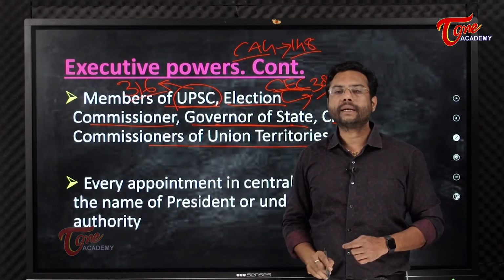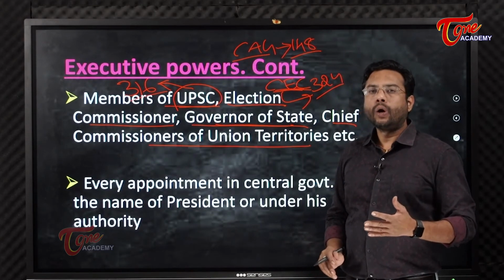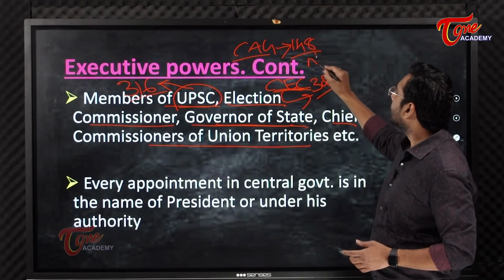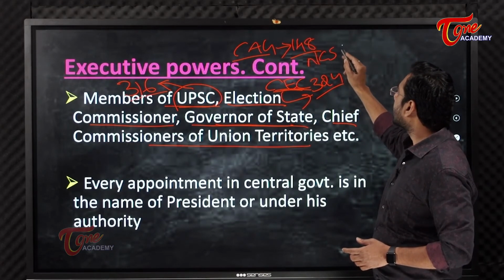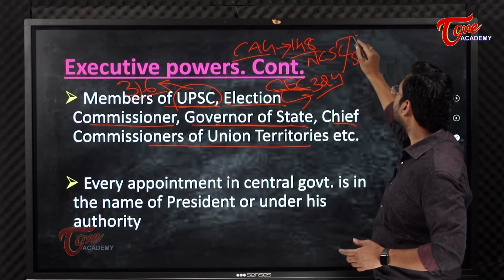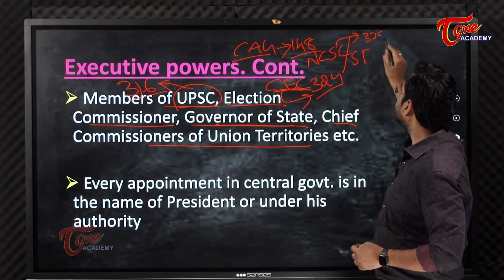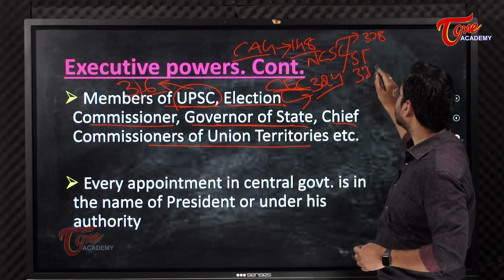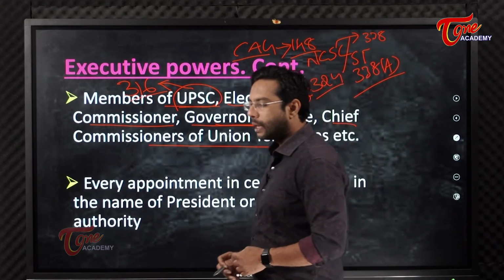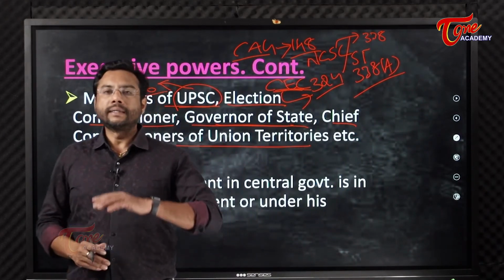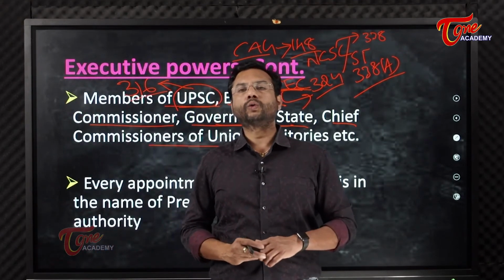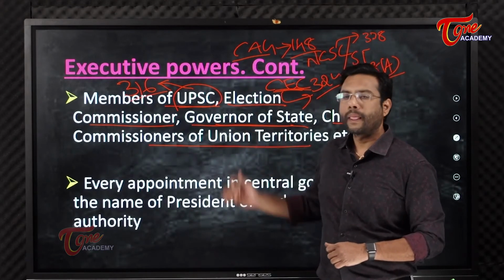We have the National Commission for Scheduled Castes and the National Commission for Scheduled Tribes. For Scheduled Castes it is Article 338 and for Scheduled Tribes it is 338A. Under these articles, the National Commissions for Scheduled Castes and Scheduled Tribes at the national level are also appointed by the President.